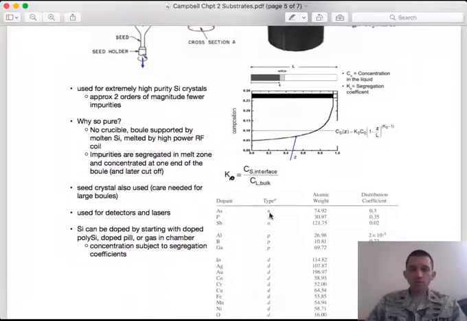So as we see here, let's take this first example of arsenic. Arsenic is an N-type dopant, and it has a segregation coefficient of 0.3, meaning that 30% of the concentration in the liquid, so there's less concentration in the solid than in the liquid, right?